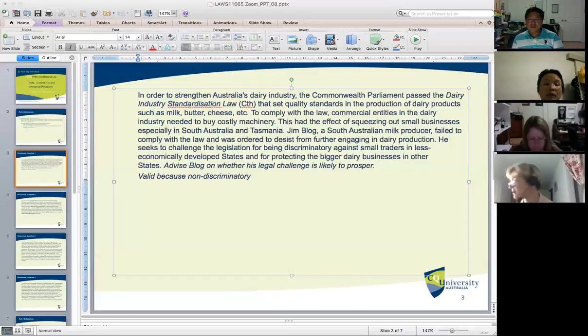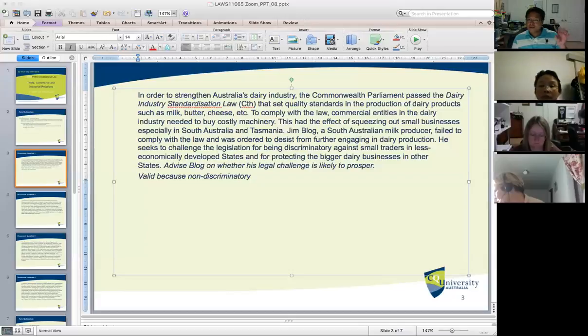Because there is nothing, obviously, in the Commonwealth Constitution, nothing in Section 51, that grants to the Commonwealth Parliament the power to legislate in relation to the dairy industry. So what do you think?